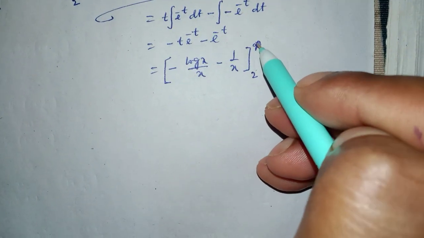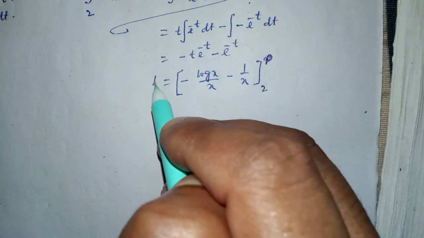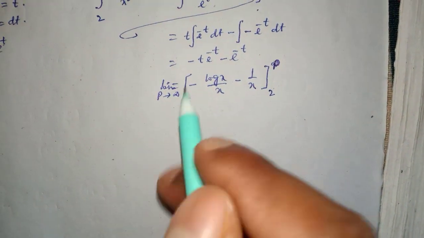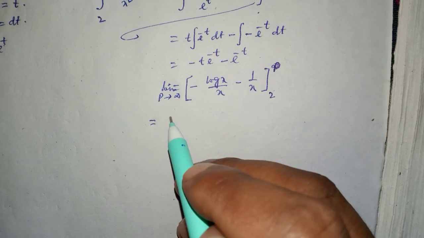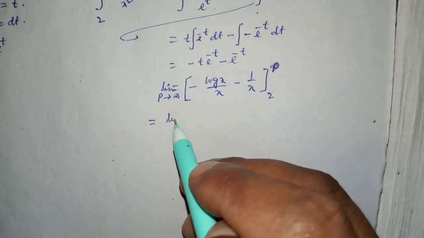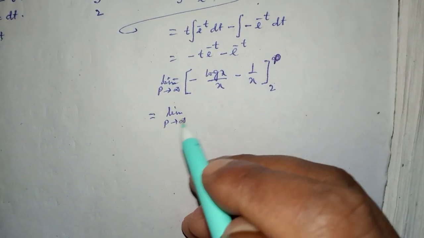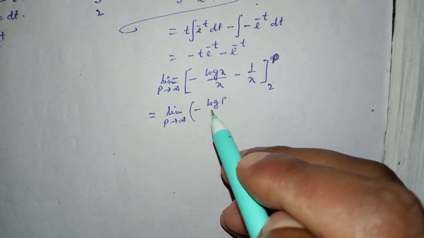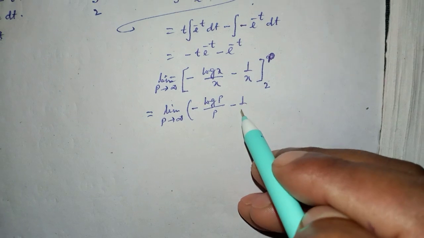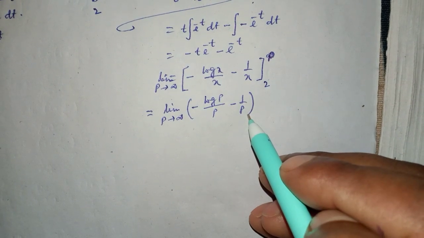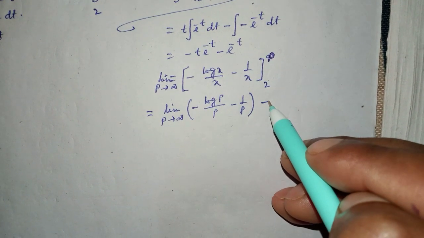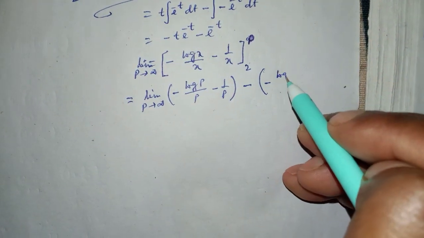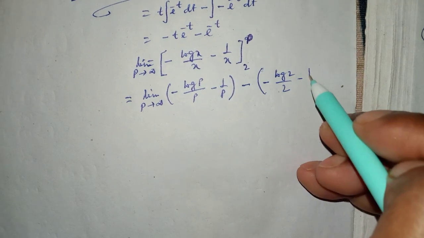Here we take limit p tends to infinity, minus log p by p minus 1 by p, minus log 2 by 2 minus 1 by 2.